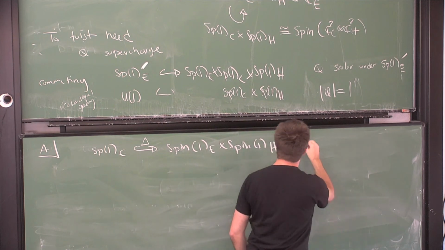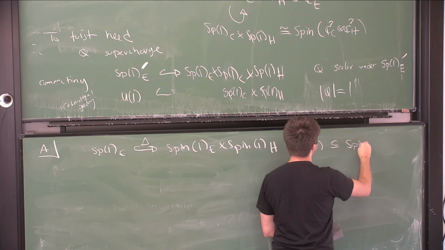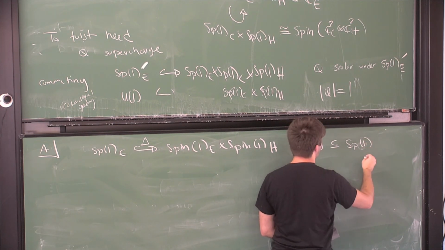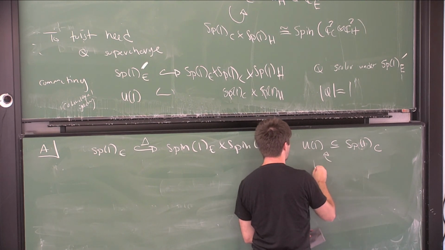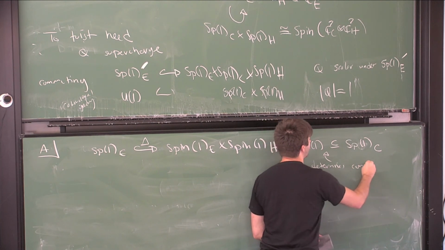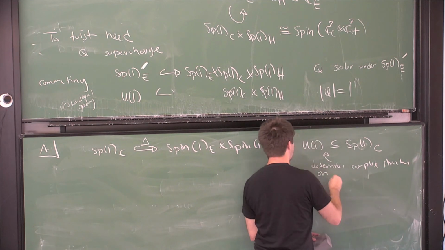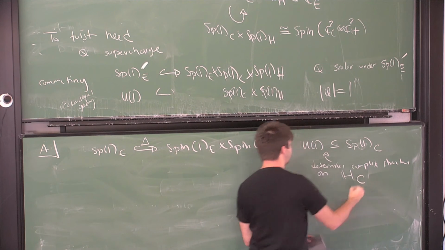And then my U1 is going to just be some maximal torus inside of SP1C. And so this thing is going to determine a complex structure on the quaternions that I've marked by C.